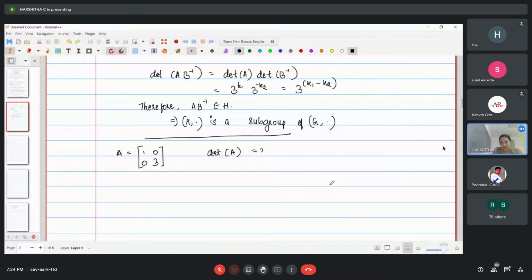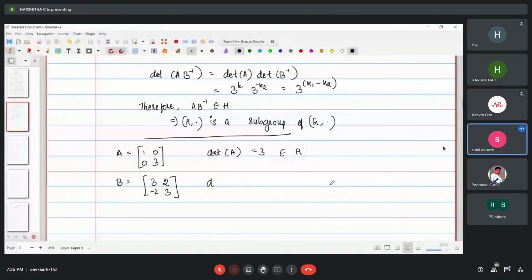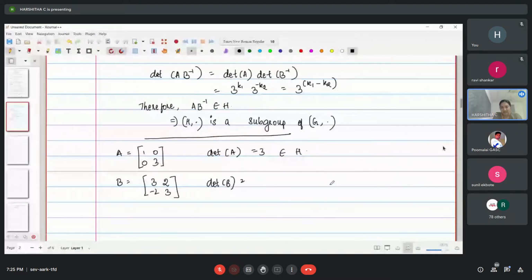So it belongs to H. Another example. 3, 2, minus 2, 3. Is this in H? 9 minus 9. No, right? What is the determinant of D? 13. Yeah. So this doesn't belong to H, no?